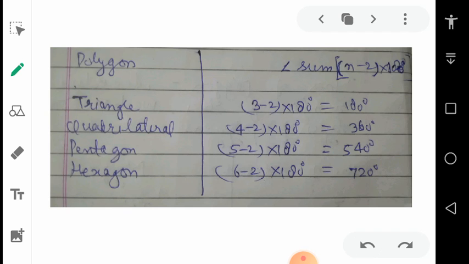You should remember it is 540. What is the angle sum of a hexagon? You should remember it is 720. So at least for these 4 polygons you must remember the values. For a triangle it is 180, for a quadrilateral it is 360, for a pentagon it is 540, for a hexagon it is 720. For further polygons, if the number of sides increases, you can calculate, it doesn't matter.